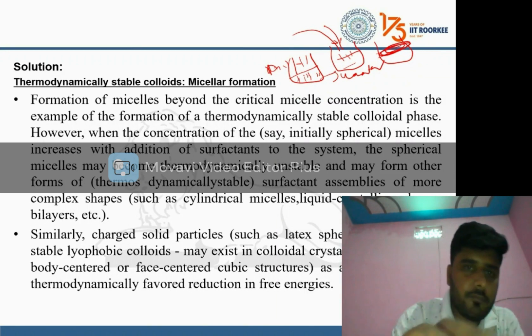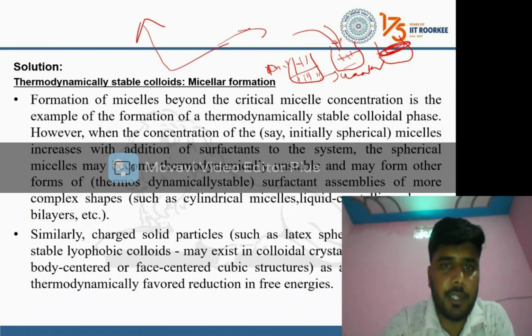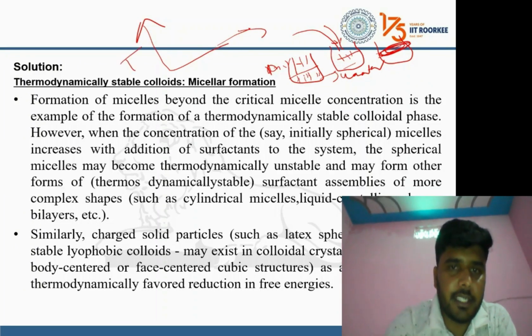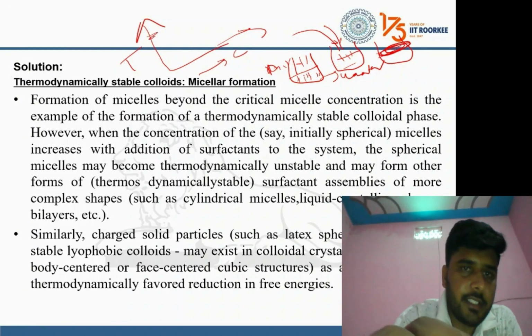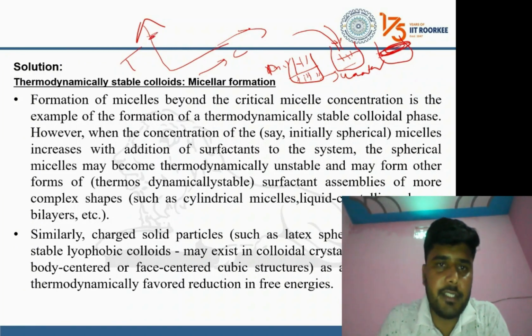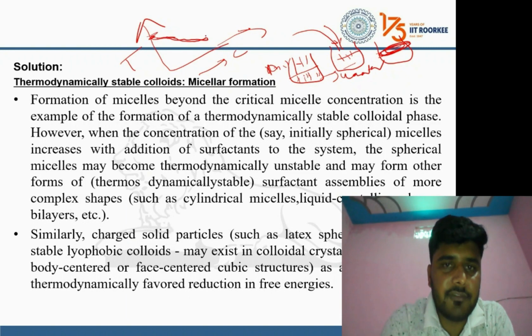Let's try to understand from a graph. This is the surface tension, and this is the concentration of surfactants. Initially the surface tension is of the water here. As you all know, the surfactant decreases the surface tension. I am adding the amount of surfactant, and the surface tension is gradually decreasing, and after a point it becomes stable.